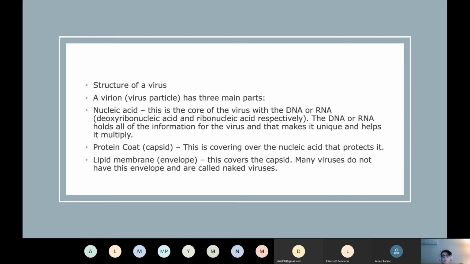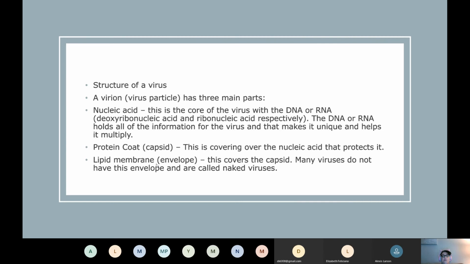The virus also has something called a protein coat or a capsid. So it's got like a little capsule that protects it and keeps it from being harmed. And then you even have some viruses that have a lipid, which is fat, membrane, and we call that the envelope.